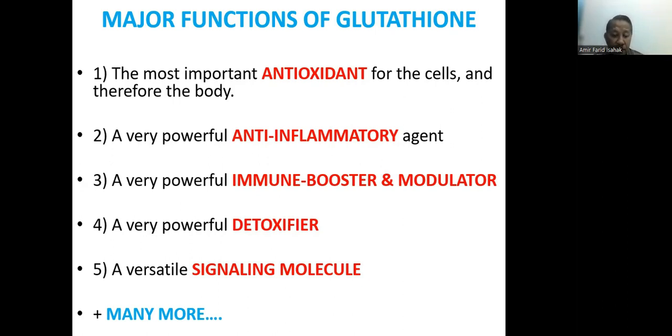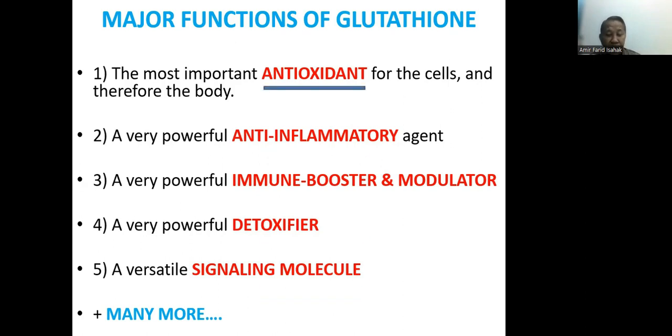And now there's a science of signaling molecules, where it is recognized that our cells need signals to do many of their functions. And among the most important signaling molecules is glutathione. And there are hundreds of other functions of glutathione.